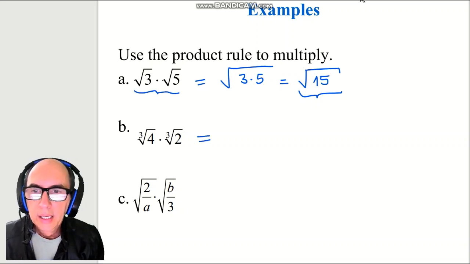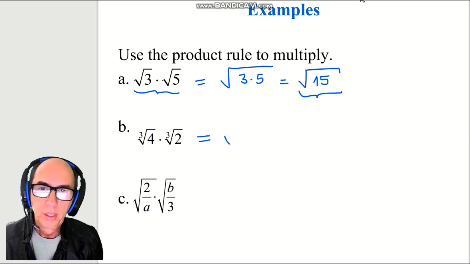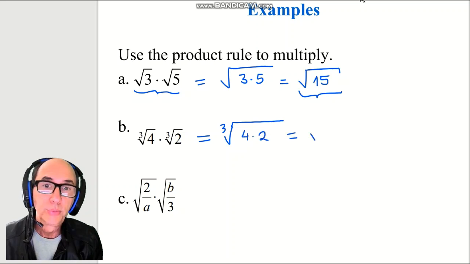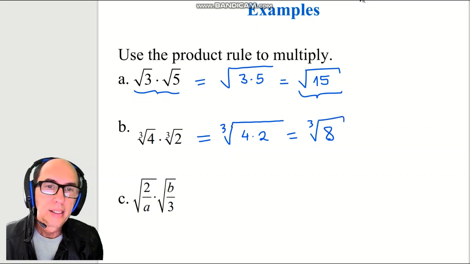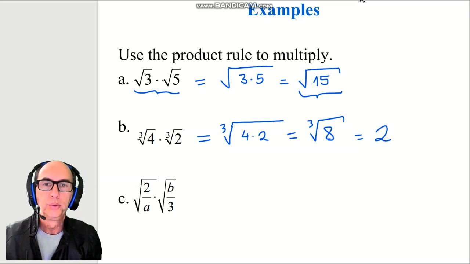Nice. Cube root of 4 times cube root of 2. Look, both have index 3. So we can write under the same cube root 4 times 2. In this case, 4 times 2 is 8, and that's good because the cube root of 8 is equal to 2.